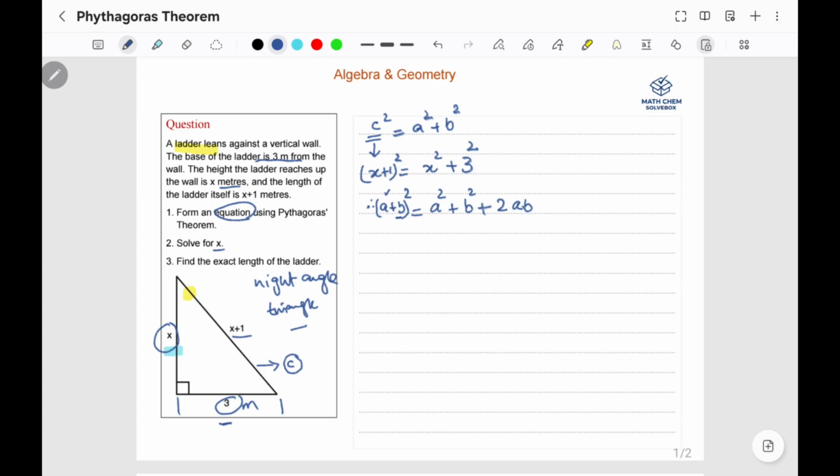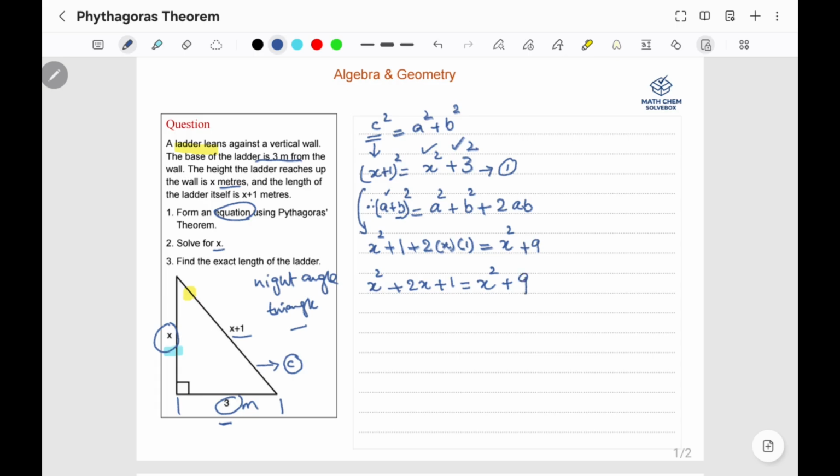So if we use this formula in equation 1, we get x square plus 1 square, which is 1, plus 2 times x times 1, which is ab, equals x square plus 9. And finally, we have x square plus 2x plus 1 equals x square plus 9.